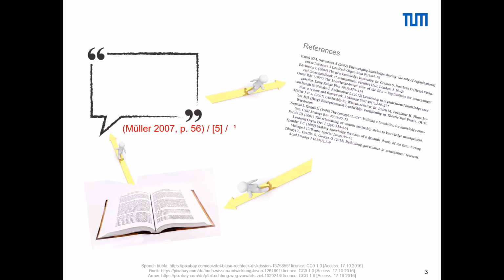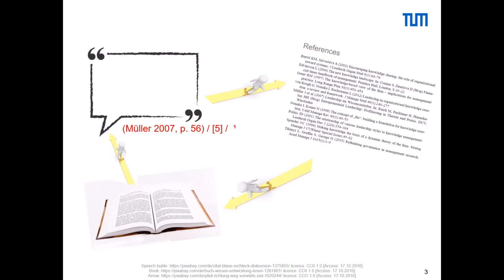And it's also the other way around. Everything we list in our reference list has to be cited in our text. So our reference list is not a reading bibliography, where we just list everything we have read concerning our topic. It's a reference list, so we only list what we really cited.